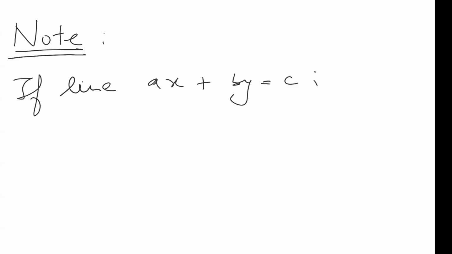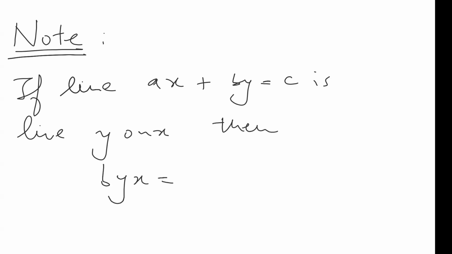We'll write a note. If line ax plus by is equal to c is line y on x, then byx is equal to the slope, that is minus a by b, where a is the coefficient of x and b is the coefficient of y.